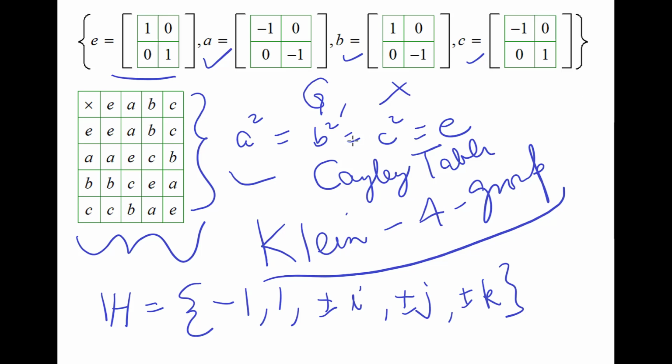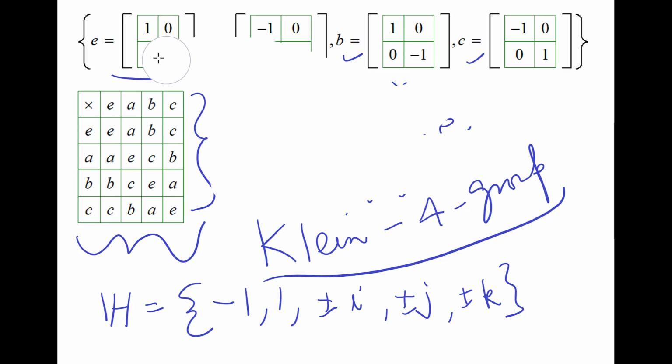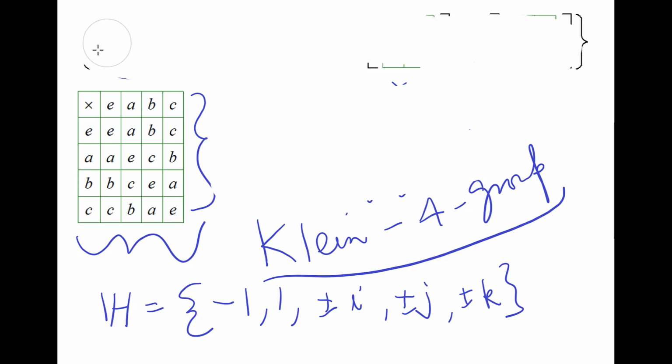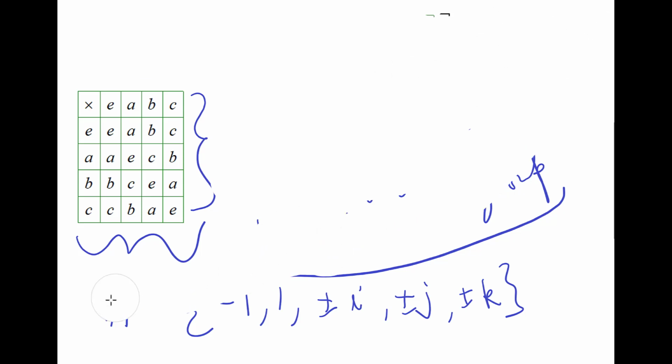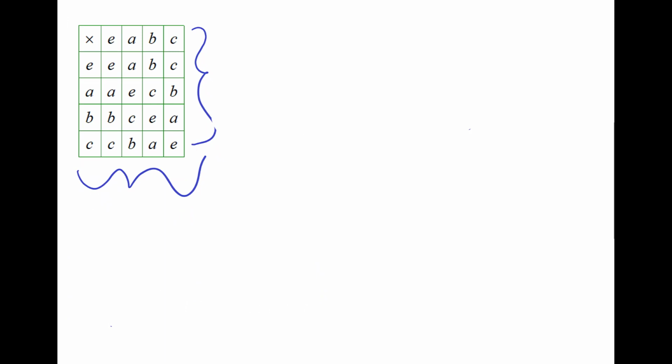Let me erase this portion and this top portion, because once we wrote those symbols for the matrices, we had the elements of our group as E, A, B, C. So here we go, our group G consists of E, A, B, C.